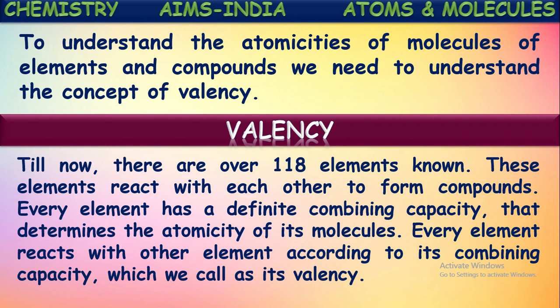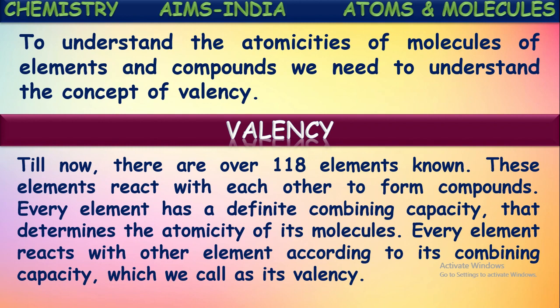Every element has a definite combining capacity. Yes, each and every element will have a certain combining capacity to combine with other elements, and that determines the atomicity of its molecules. So that combining capacity of the element determines how many atoms are in each molecule of it. That is nothing but the atomicity of that. So based upon the combining capacity of the elements, atomicity is determined for the molecules of those elements.